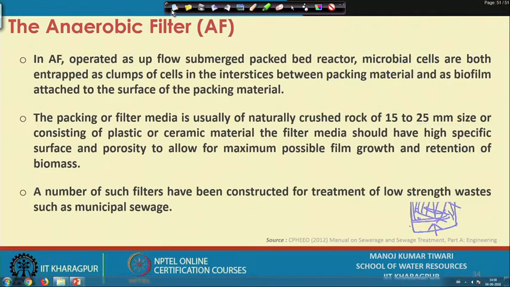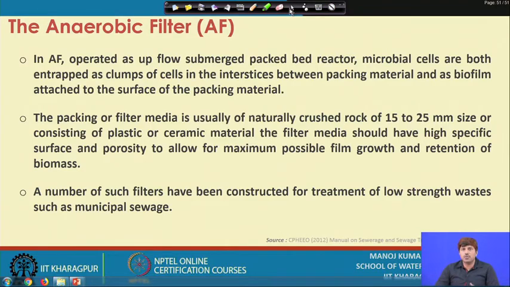This attached growth allows biomass to be retained in the system.